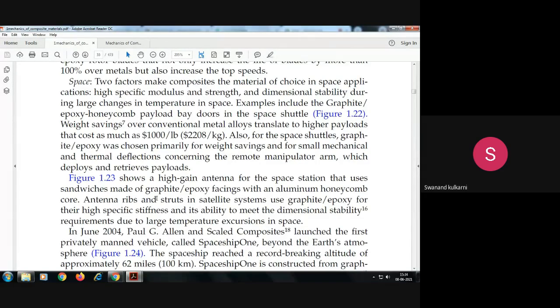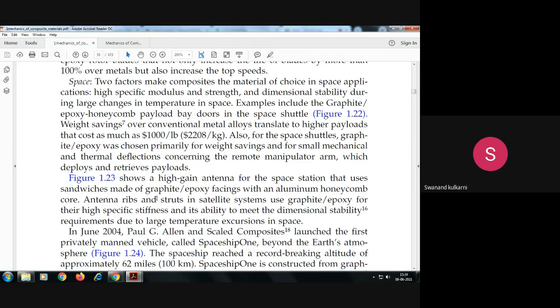So high specific strength, high specific modulus, and dimensional stability: these are three advantages of polymer matrix composites, due to which these are used in space.